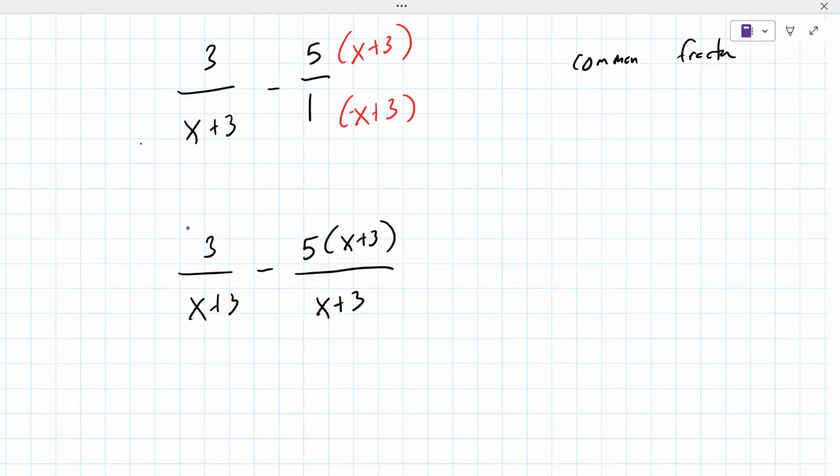Yeah. Now on the right, this -5 distributes into both of these.